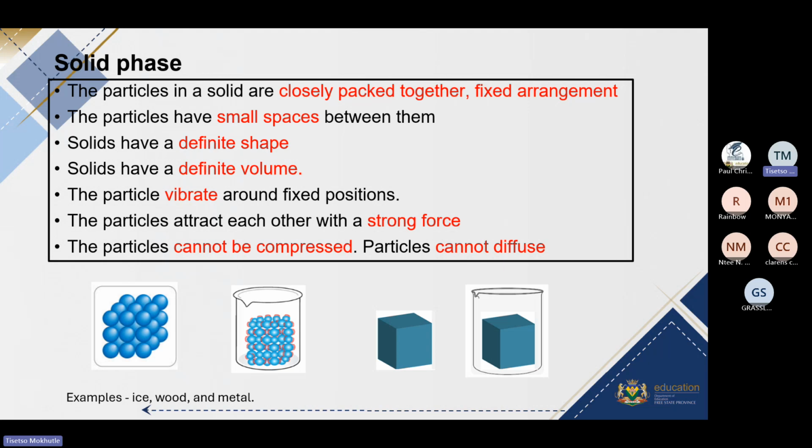And the particles cannot diffuse, meaning if I put two solids in a container, the particles of one solid cannot move in between the particles of the other solid because the space is very small. Examples of solid phase substances are ice, a block of wood, or even a metal.